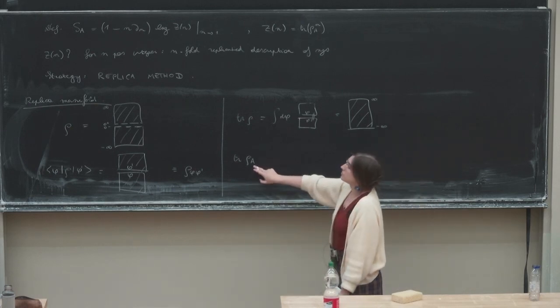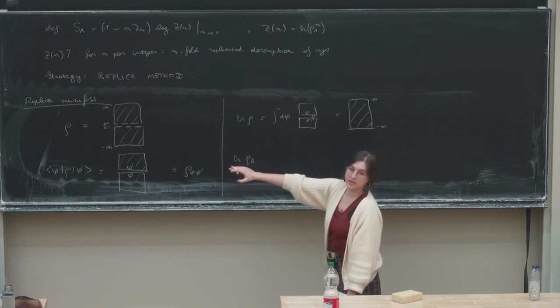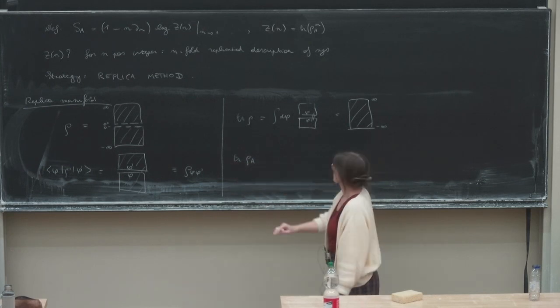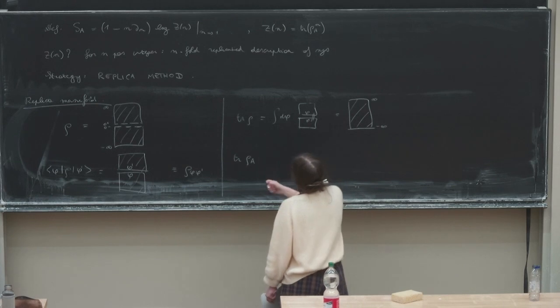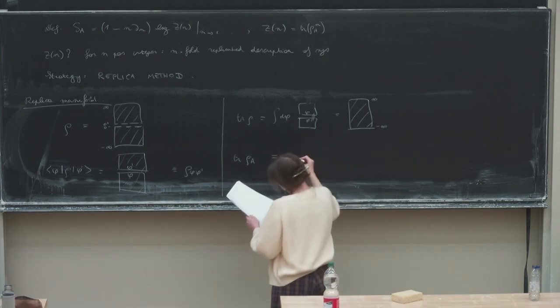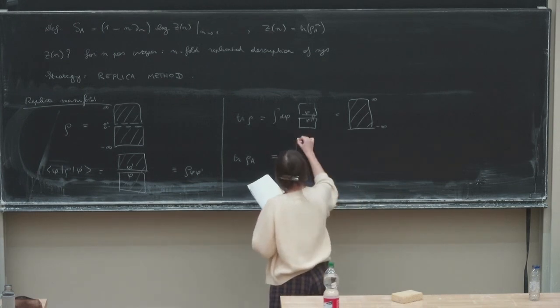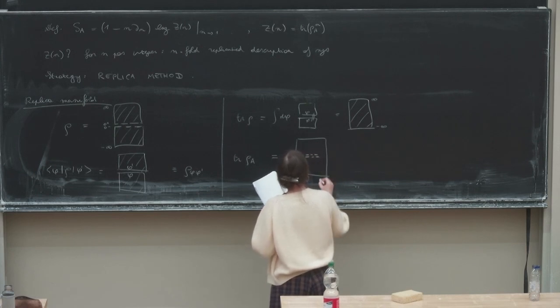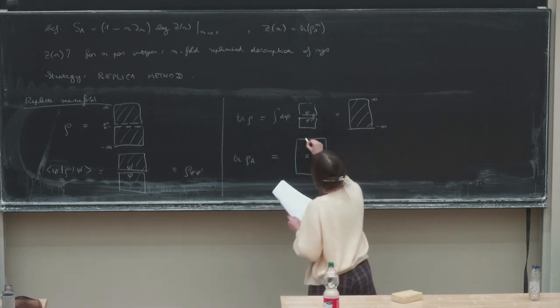Remember, A is defined as some interval at this constant time slice t is 0. So let me just write it and see if you understand.